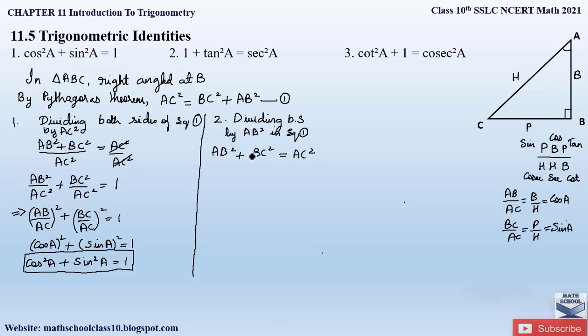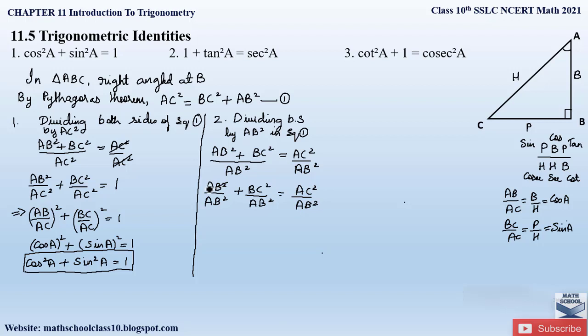Now let us divide both the hand sides by AB square. AC square again divided by AB square. Now let us separate these two terms on the left hand side. So we will write AB square divided by AB square plus BC square divided by AB square is equal to AC square divided by AB square.